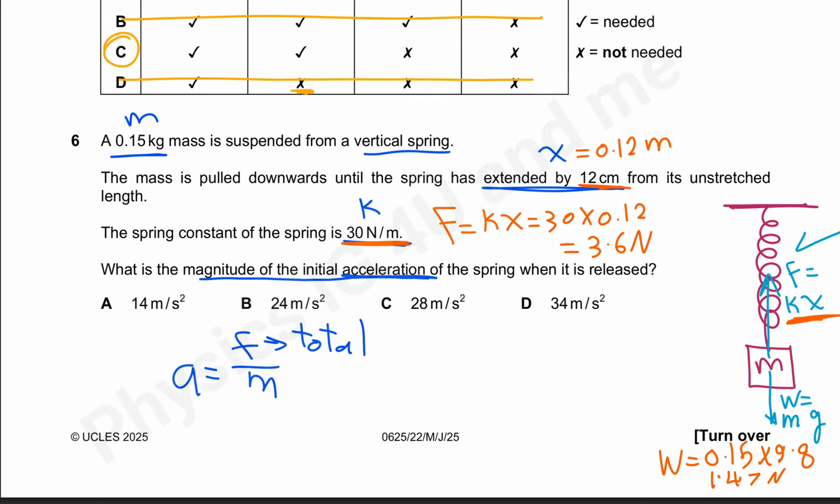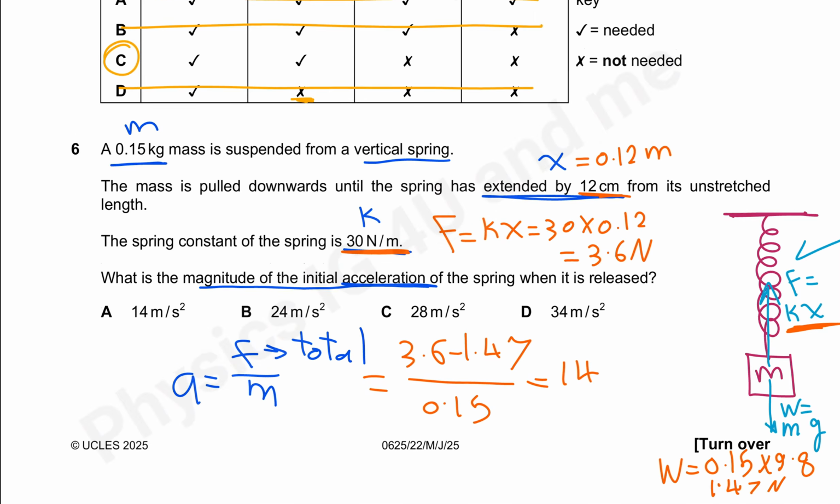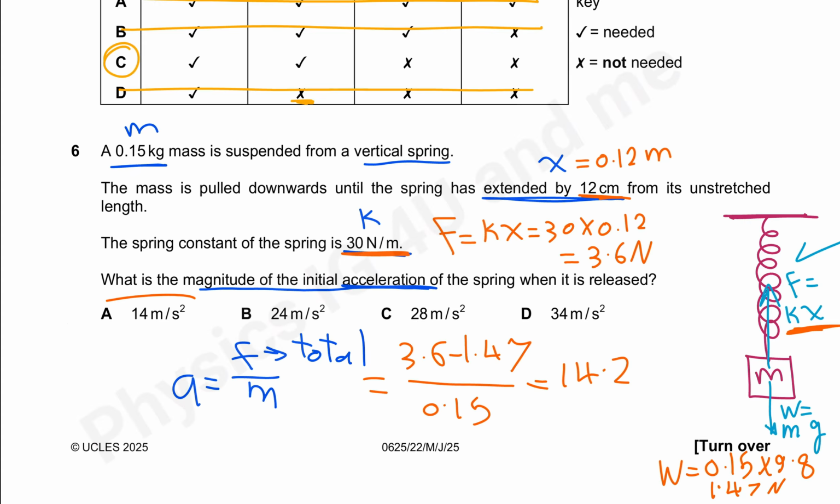So the total force will be 3.6 minus 1.47, and here I put the mass, which is 0.15. If I do all this in a calculator, 3.6 minus 1.47 over 0.15, I get the answer 14.2, which is approximately 14.